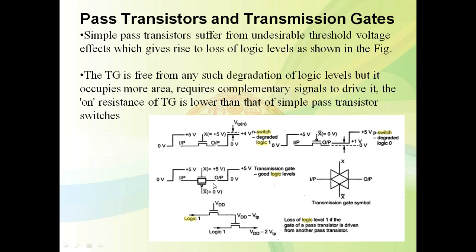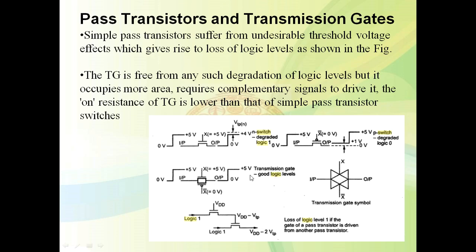So instead of using a simple p-type transistor or n-type transistor, we are using a transmission gate, and it has the advantage that it is not going to degrade the output level. But what is the disadvantage here? The disadvantage is that we are going to use two transistors here.